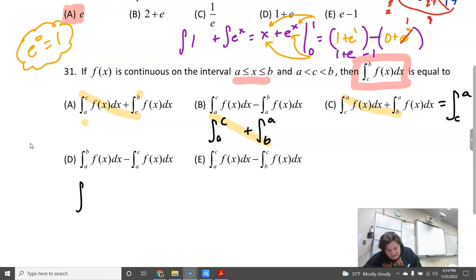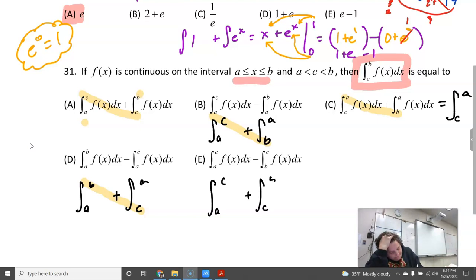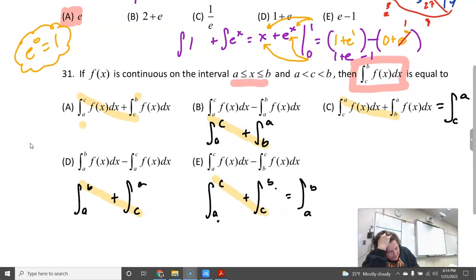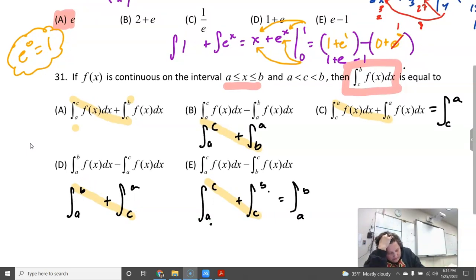So this is going to be a to b plus c to a. Those have to be the same, and they're not, so forget that. And then there's my last hope. Those have to be the same, which they are, and it needs to equal that, a to b. Bro.